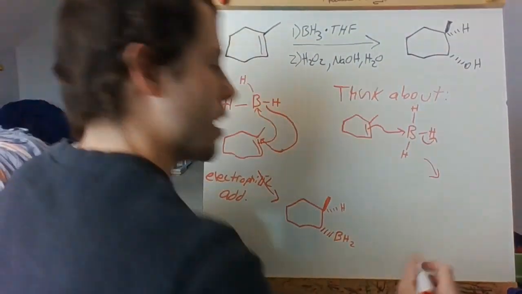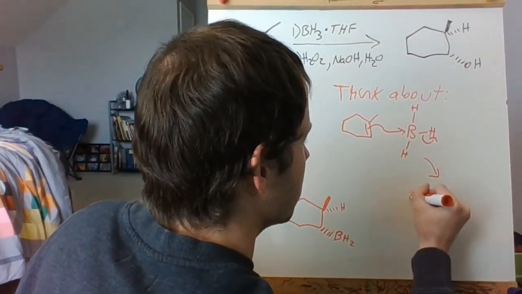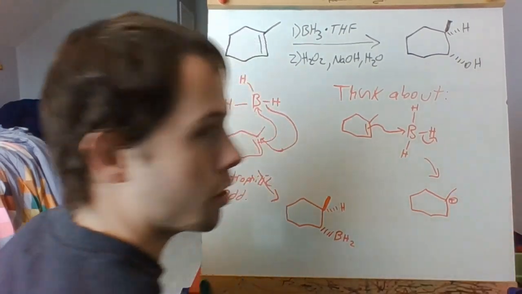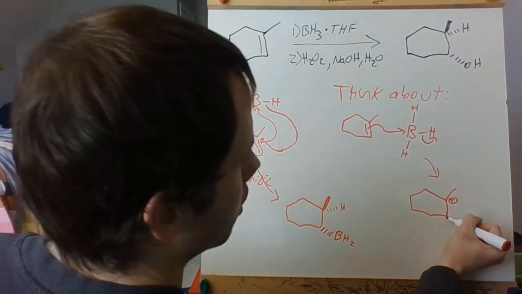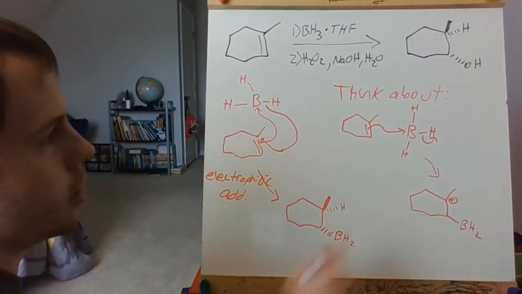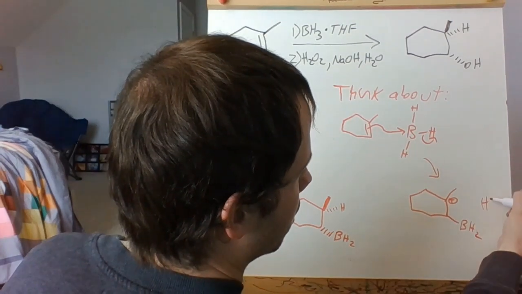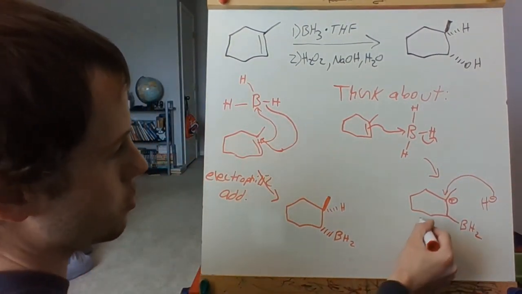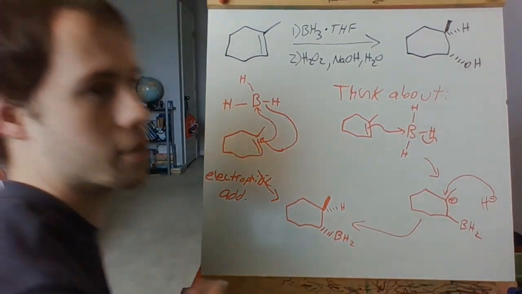We want to put the positive charge on the most substituted carbon, as we usually do. And so that positive charge is going to be most stable here, where our BH2 has added down here. The H minus that we kicked off could then come back and do a coordination type of step to get us to something that looks like this.